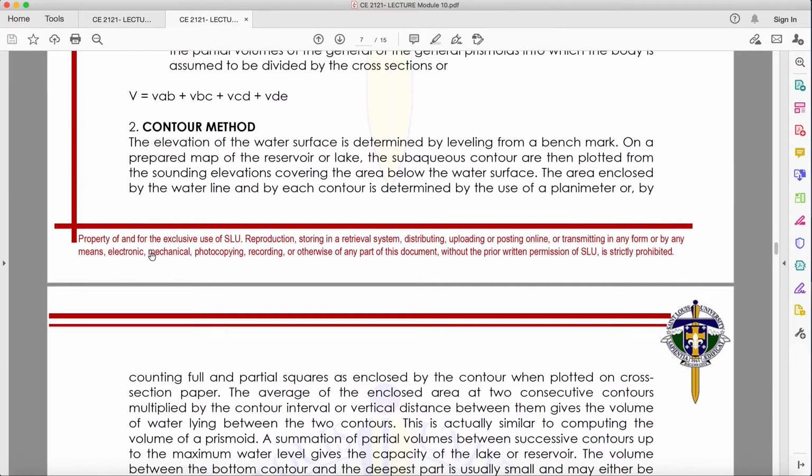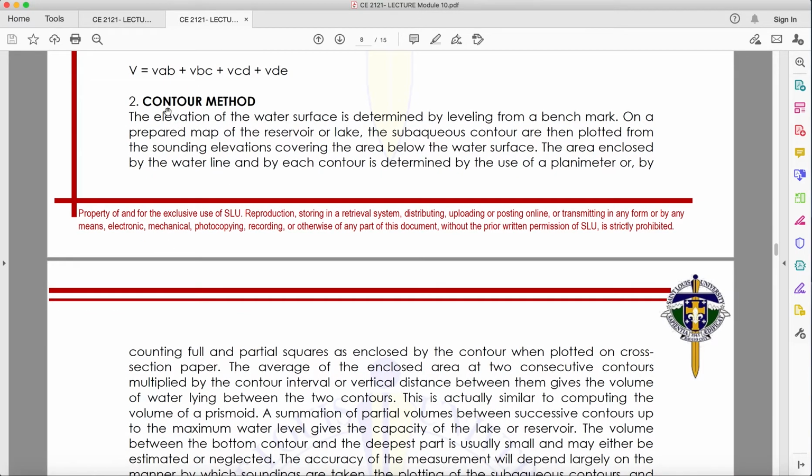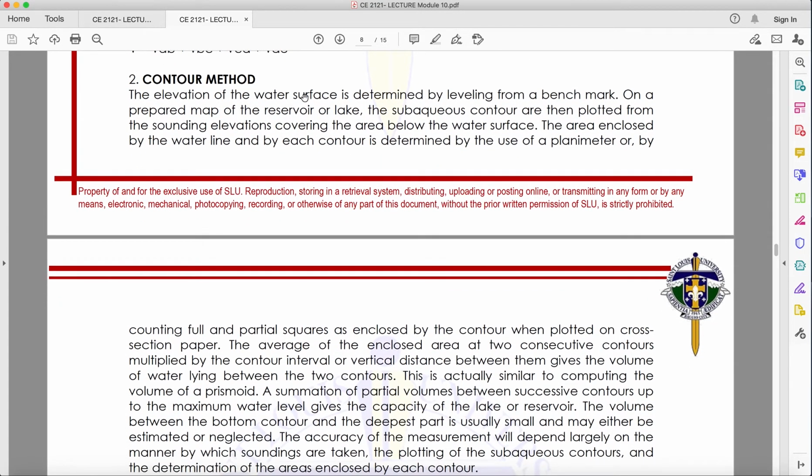Next would be the contour method. For the contour method, the elevation of the water surface is determined by leveling from the benchmark, our point of reference. On a prepared map of the reservoir lake, the subaqueous contours are then plotted from the surrounding elevations, covering the area below the water surface.